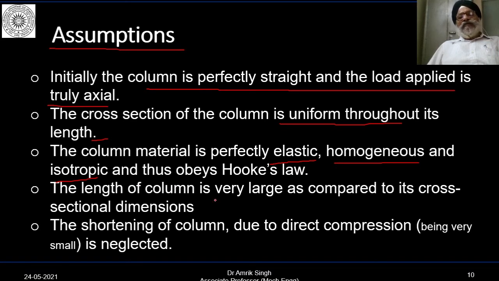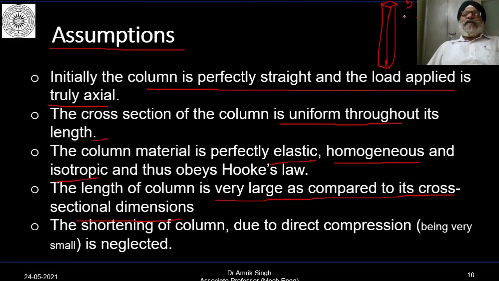The length of the column is very large as compared to its cross-sectional dimension. As we have seen, if this is a column, this length will be very large. If you see here, this is a cross section with a width B and thickness T. This thickness T is very small and B is a bit larger, but this length is very large.